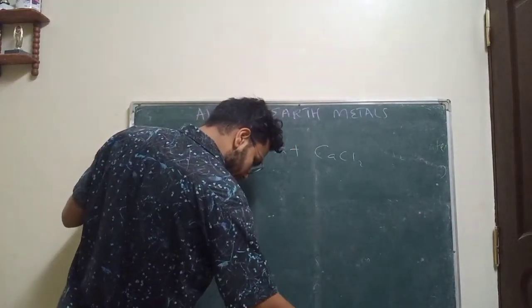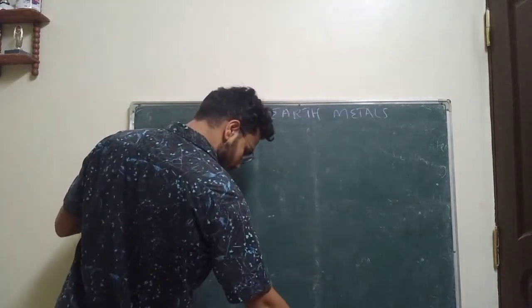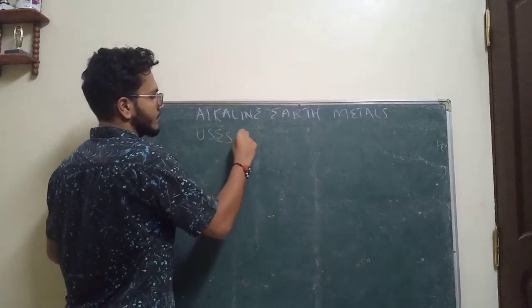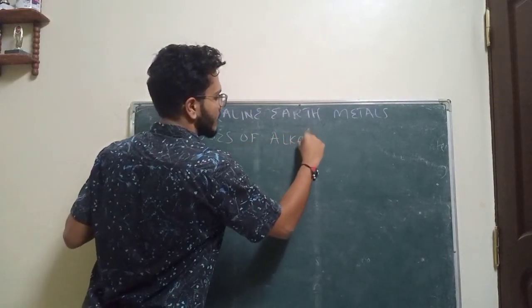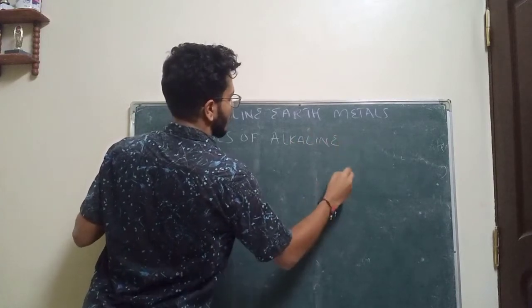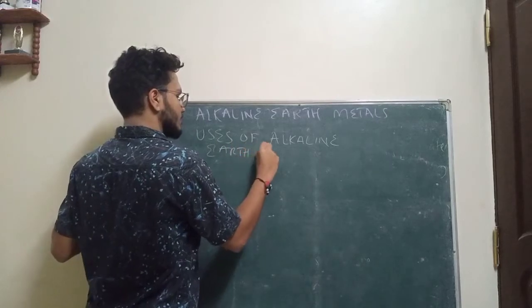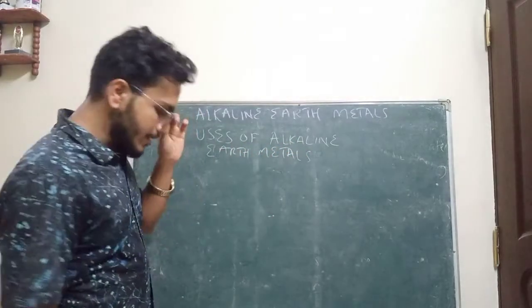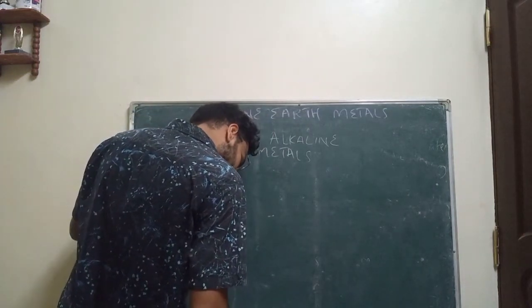We come to the end of our subtopic alkaline earth metals, which is uses of alkaline earth metals. I won't write them. I will just read them for you, and you can write them.